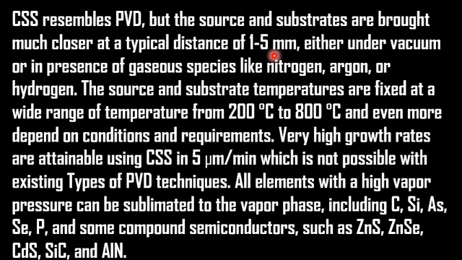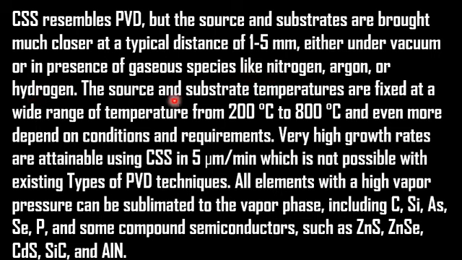The deposition in the closed space sublimation process may be done under vacuum or under room pressure. Usually, closed space sublimation is done in the presence of gas species like nitrogen, argon and hydrogen.